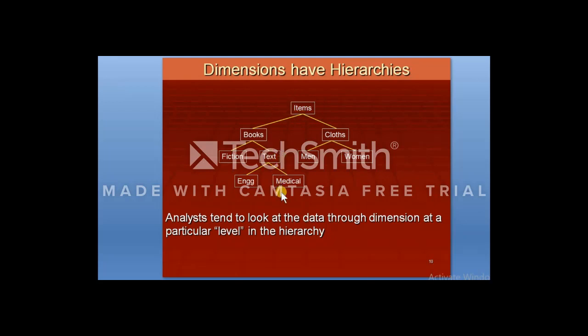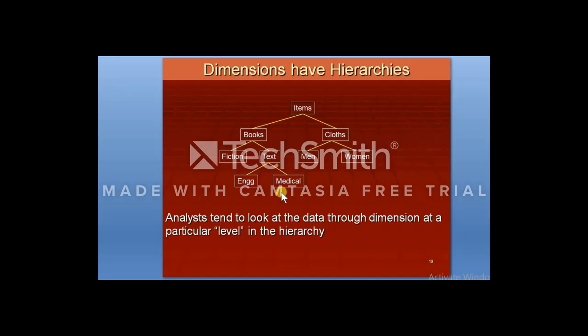If we talk about another hierarchy, geography, at the top level we have country, and inside the country we have provinces. Inside the provinces we have divisions. Inside the divisions we have districts. Inside the districts we have cities. Inside the cities we have zones. Inside the zones we have stores.